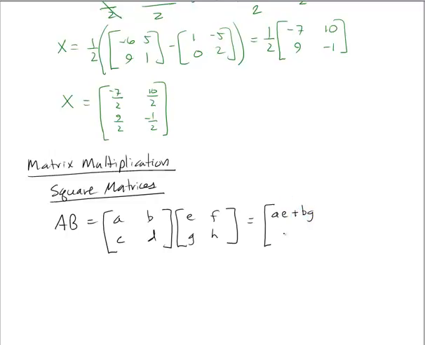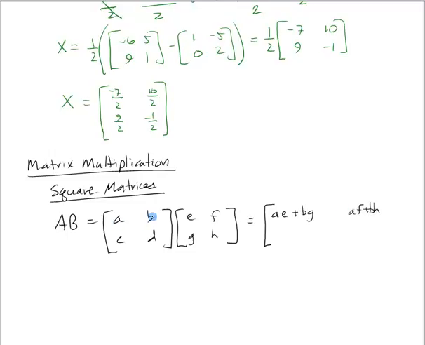That will be the first element in my solution matrix. Next, we take the first row times the second column in a similar manner. So we take AF plus BH. This is the second element in the first row of my solution matrix.